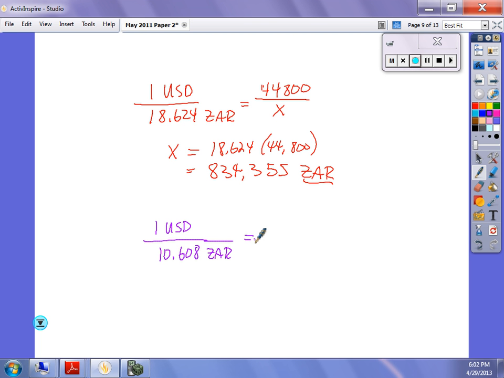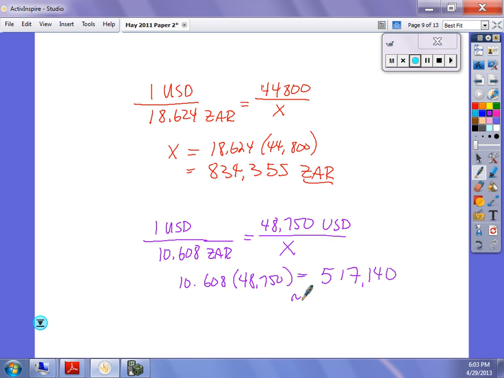Again, set up a proportion, and Larry's got 48,750 US dollars to exchange, and we're going to figure out how many Rand he gets for that when we do the multiplication. 10.608 times 48,750, that's equal to 517,140, but we're asked to show that that's equal to 517,000 South African Rand, rounded to the nearest 1,000.